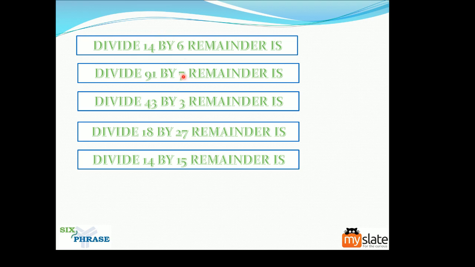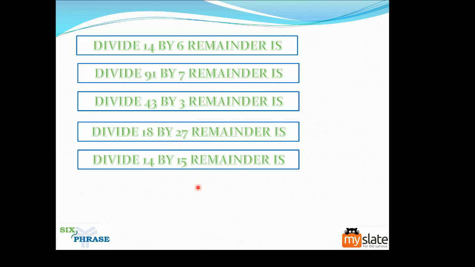So in the first three problems, the dividend is greater than the divisor. But in the last two, if you have a close look, the dividend is less than the divisor. 18 is less than 27. 14 is less than 15. So there is a difference.